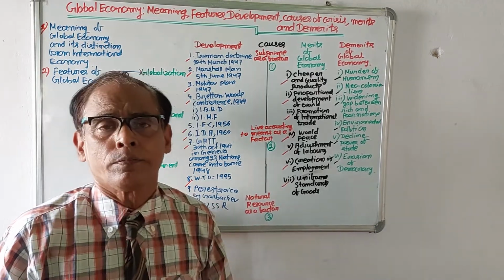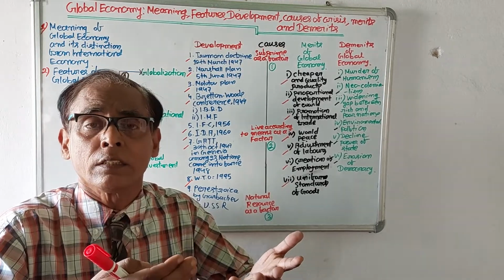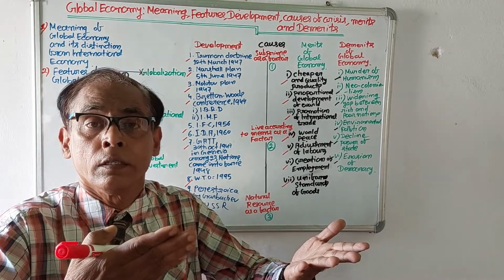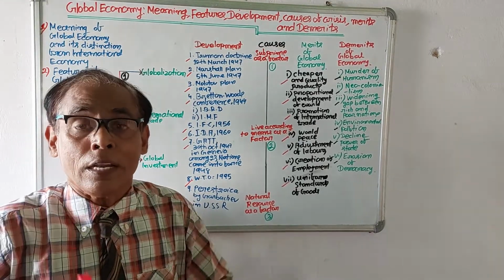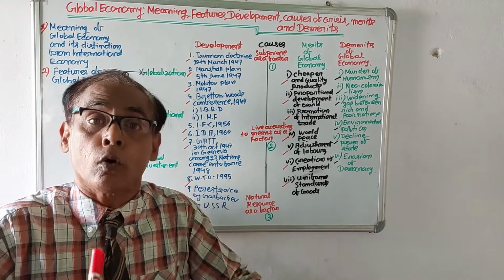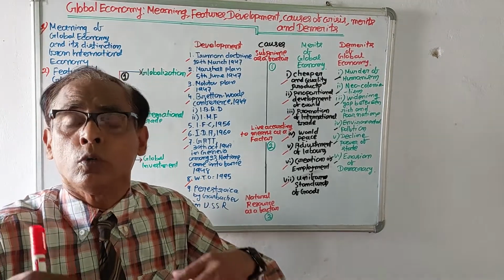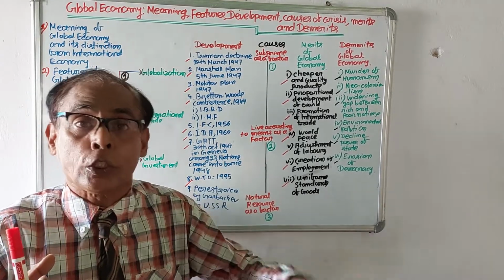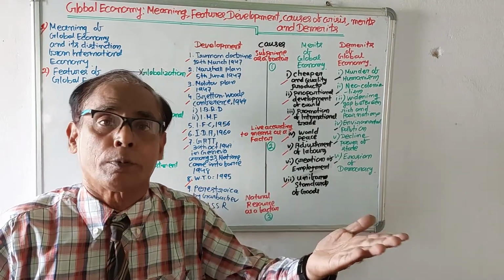In a similar manner, sometimes nations will borrow more money beyond their capability. When nations borrow money beyond their capability and are unable to return their money, they will become bankrupt. And the institutions which have given them money will also become bankrupt.